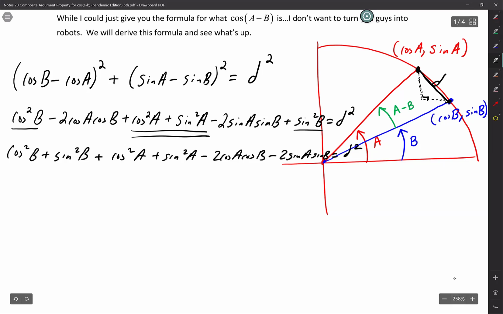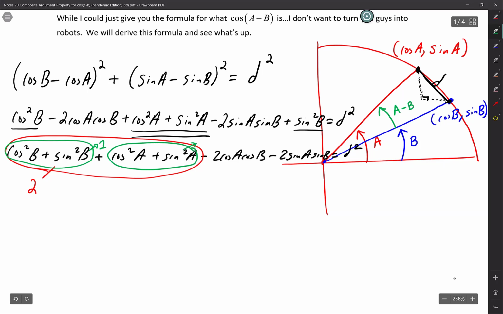This right here, and I'm just circling them in red, it doesn't mean that it's related to anything over there in red, that right there is 2, because this is a 1 and this is a 1. So it's kind of cool.